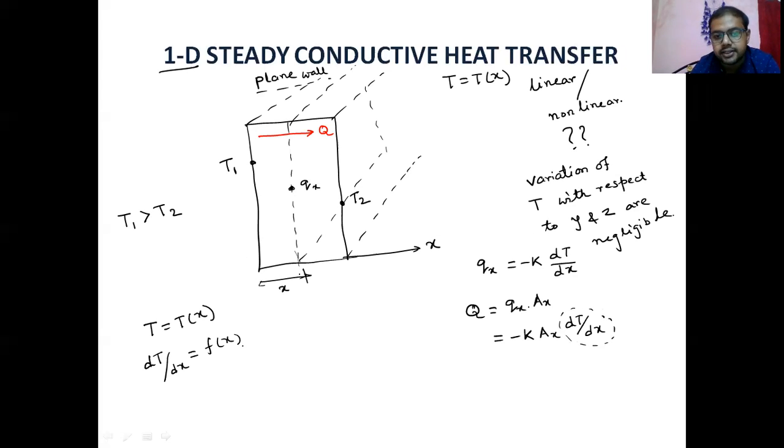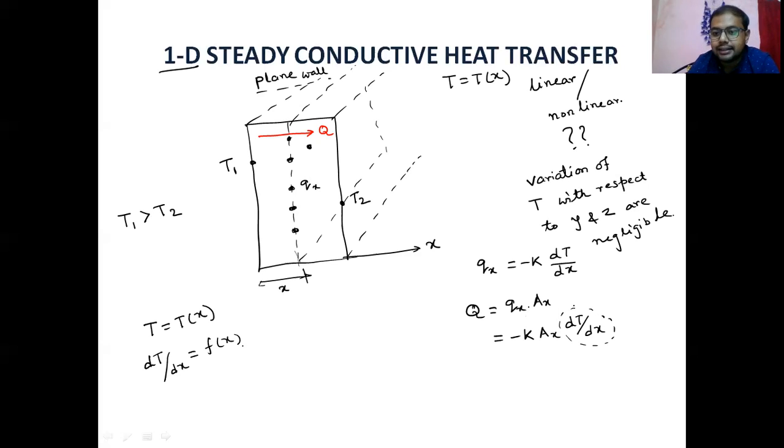But X we have fixed. Whatever dT/dx is here, the same dT/dx is here, and here, everywhere on the same plane. So dT/dx is the same over all Y and Z points at a fixed X.